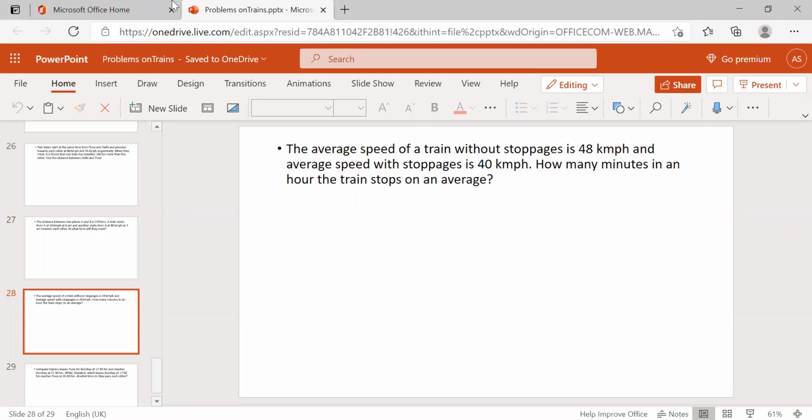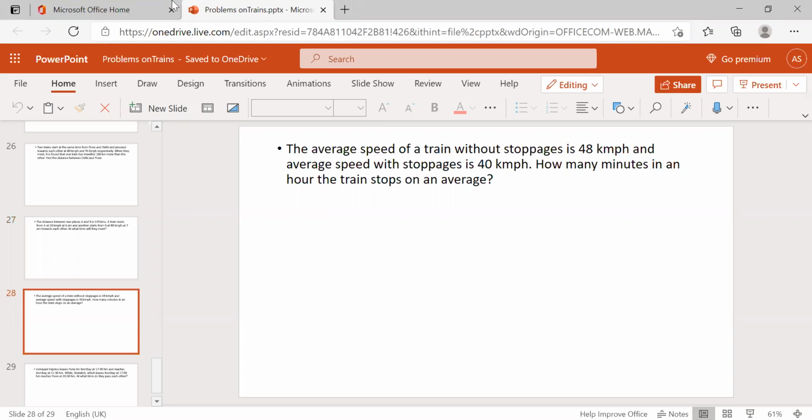The average speed of a train without stopping is 48 kilometers per hour, and the average speed with the stoppages is 40 kilometers per hour. How many minutes in an hour does the train stop on average?